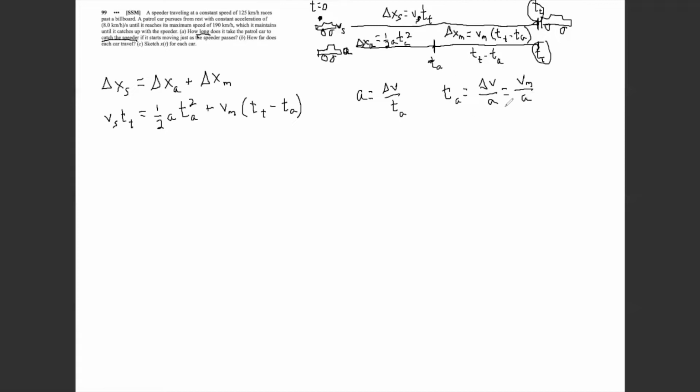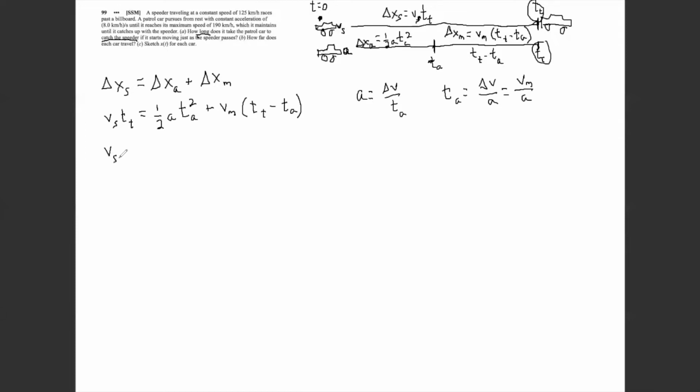You always have to be careful when you do these delta V calculations, because sometimes the initial speed is not 0, but in this case it is. So the time is just the velocity over the acceleration, though that is not always the case. You have to make sure that you know the intervals you're referring to. But here we've got a second equation, so now we can plug that in for TA, and that brings us down to a single variable equation.